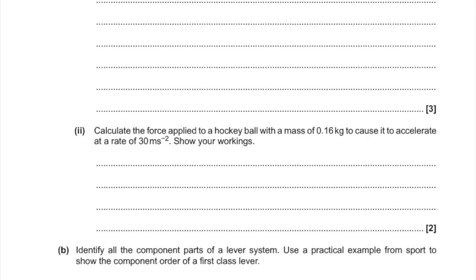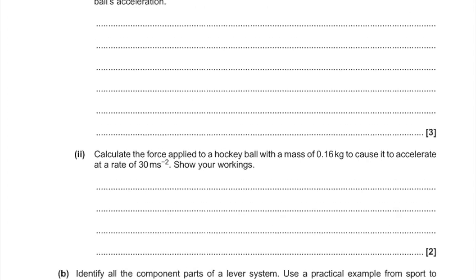So on to question 3, and now we're looking at the biomechanics, and this again worries some people because it can be quite confusing, and it's stuff we maybe don't know naturally. So with this first 3-mark question, apply Newton's second law of motion and show how a hockey player may maximise the ball's acceleration. Now, with these questions, the first thing we need to do is actually say what Newton's second law of motion is.